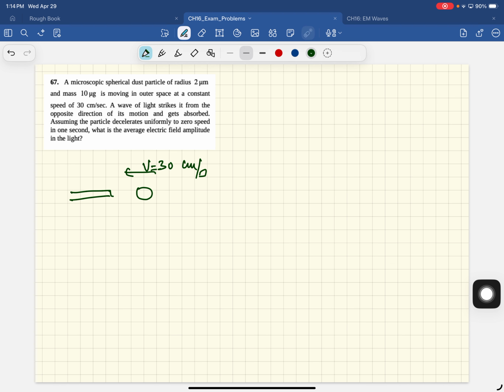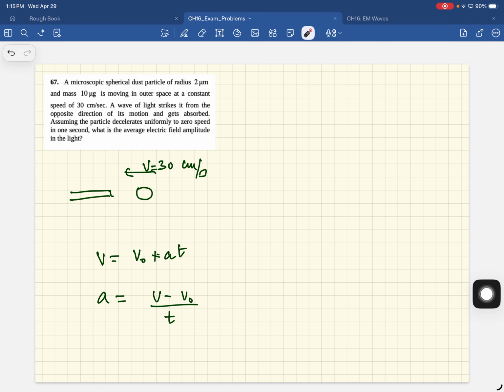This guy gets stopped in 1 second. So V is V naught plus a t, and acceleration is V minus V naught over t.